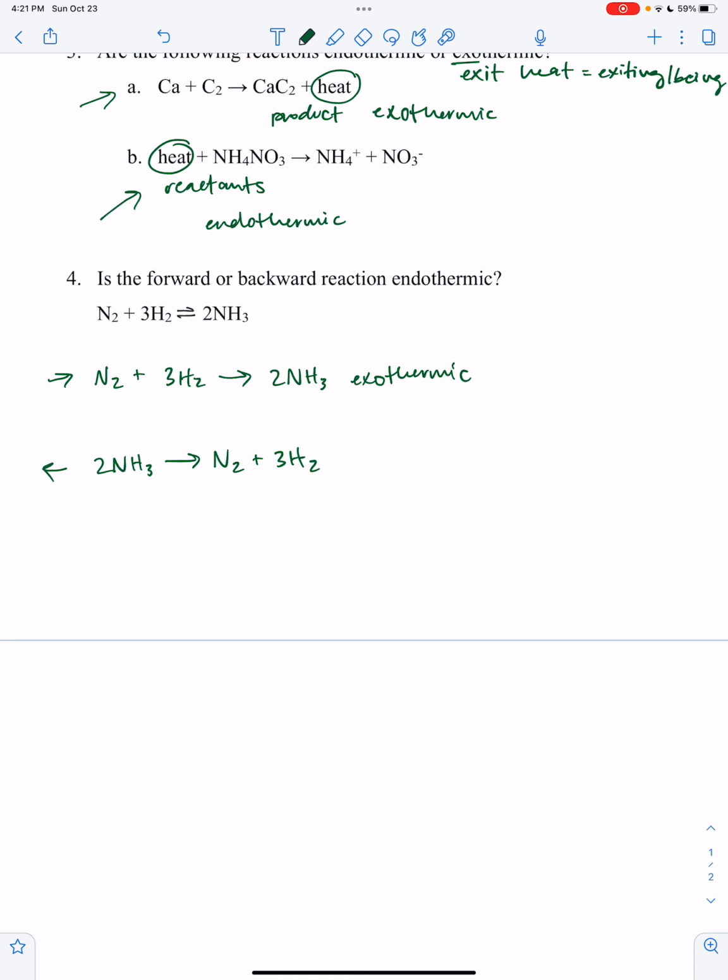We had to add this heat in order to get this ammonium nitrate to break into those two separate ions. So that's going to be endothermic. So even if it doesn't tell you where the heat is specifically, you can infer by what's happening in the reaction.